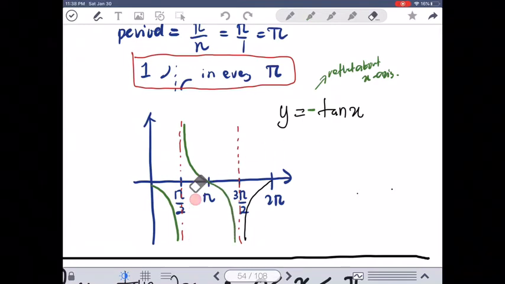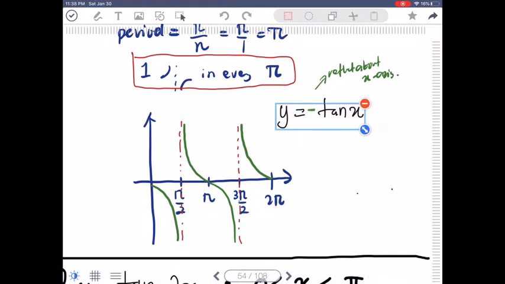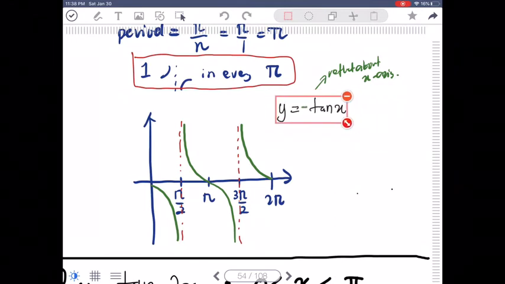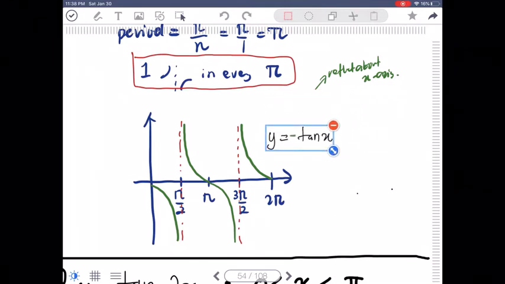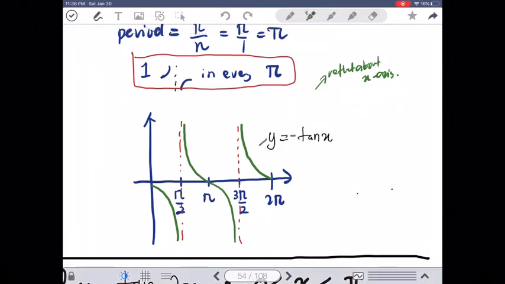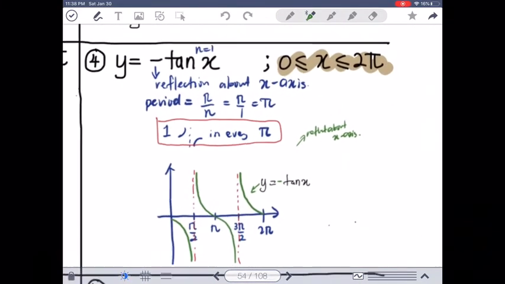So now we can erase this part. Reflection about the x-axis becomes like that. So this is your final product, the graph of y equals negative tan x.